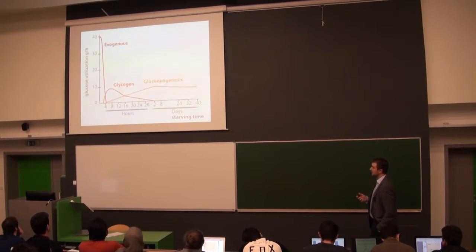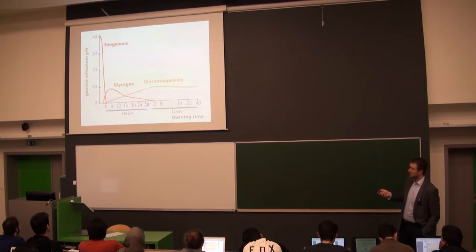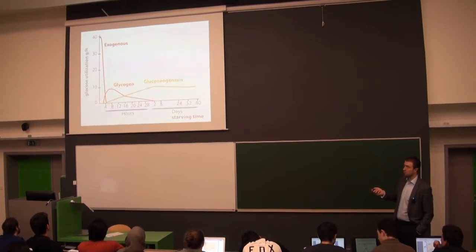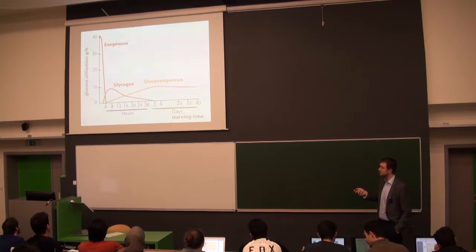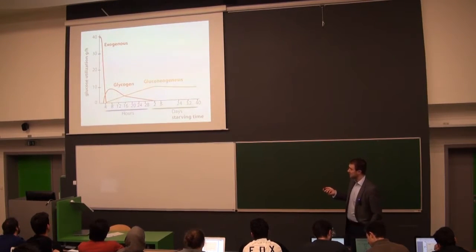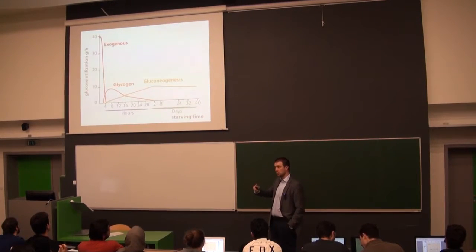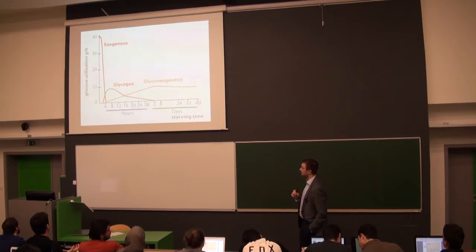So if you take that the time 0, it's your last meal, and since that you have no other meal, here you see how many grams per hour you should produce, or that means you will utilize. You can see when these three sources switch in their importance.